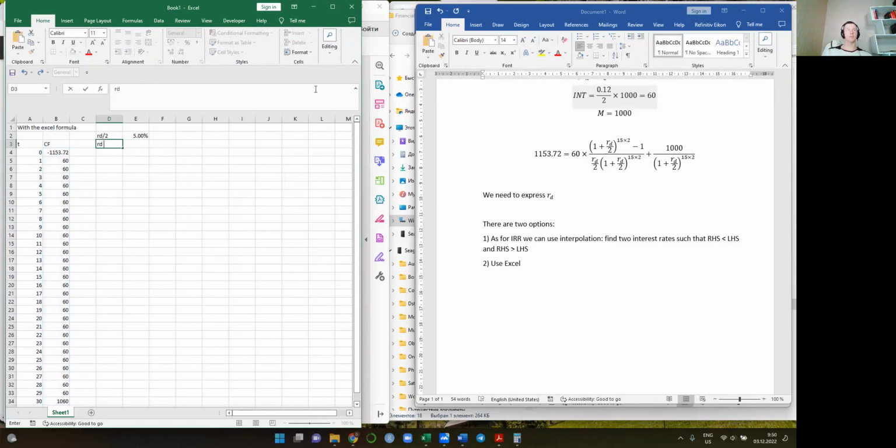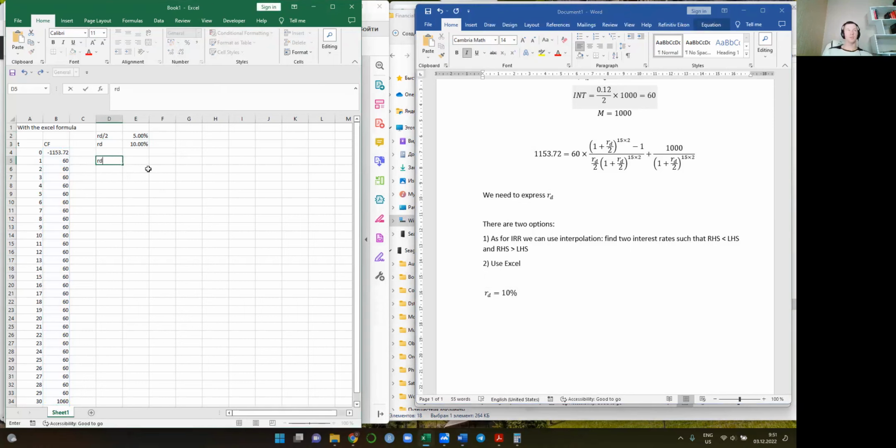So from here, RD is this multiplied by 2, which is 10%. Okay, this is one option, how we can effectively compute RD, 10%.